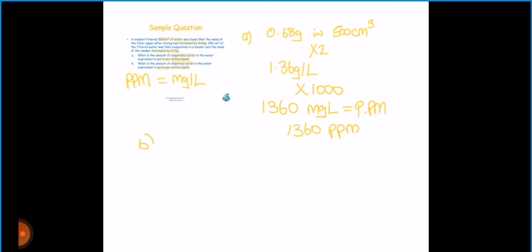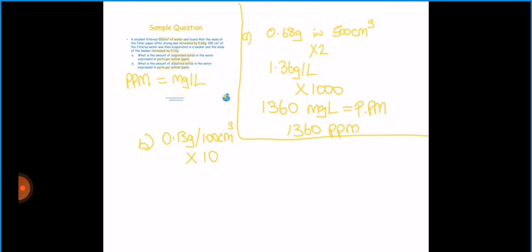For part B, we're going to take a similar approach. The question tells us that when 100 centimetres cubed of that filtered water was evaporated, the mass of your beaker increased by 0.13 grams. So we know that there's 0.13 grams in 100 centimetres cubed. So the first thing I want to do is get that to a litre. So there's 1000 centimetres cubed in a litre.